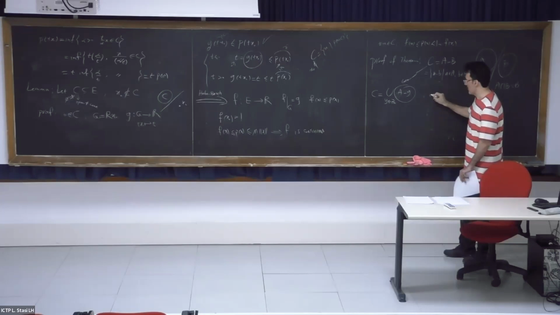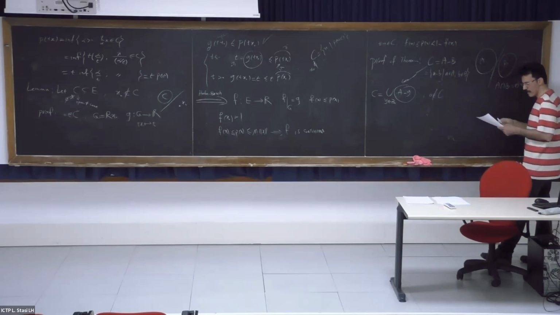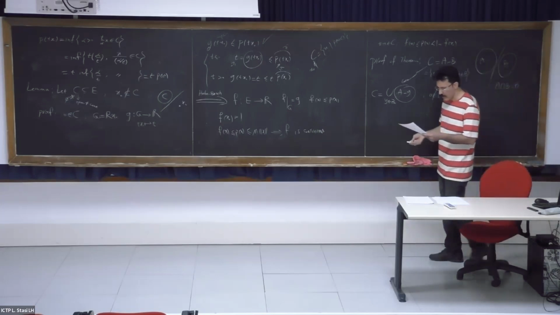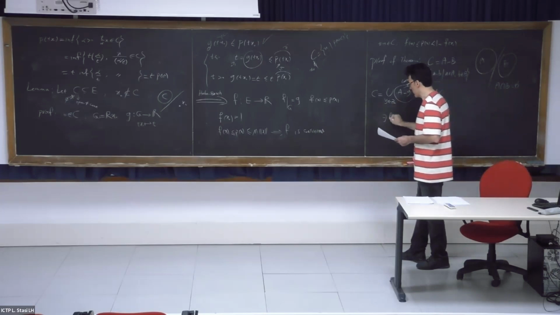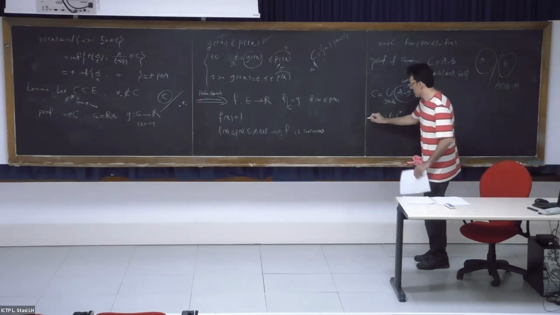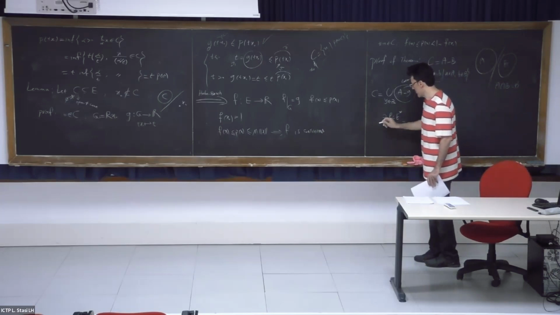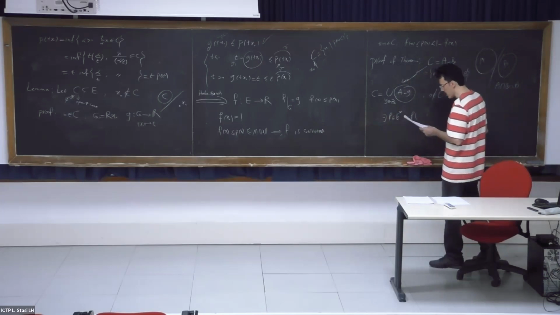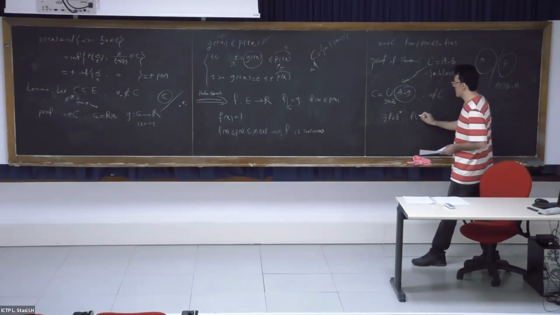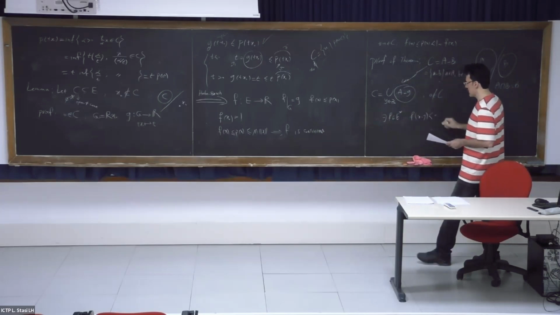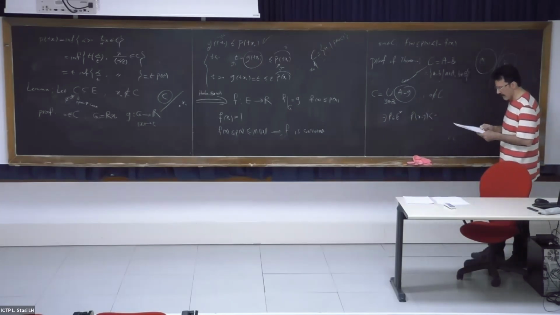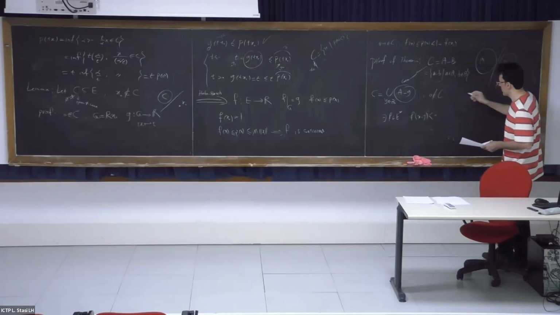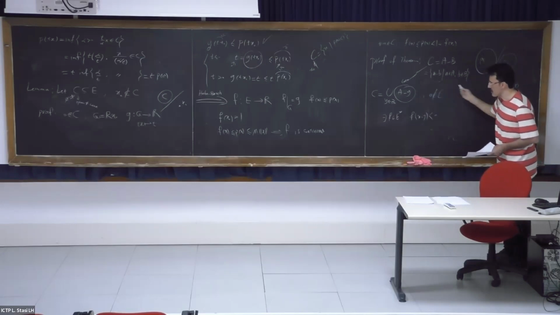So we know that 0 is not an element in C, and we may apply the previous lemma to find some f from E star with this property. We may write for the element in C, for example, f of x minus y less than 0, and we have separated 0 from C by this one.